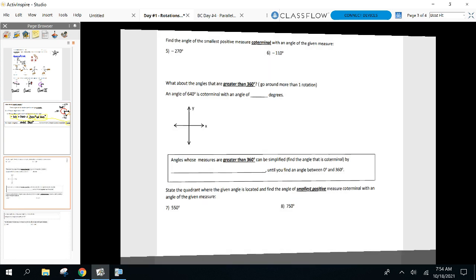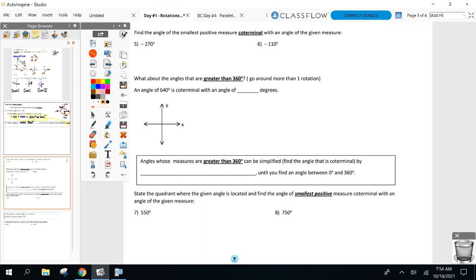You're going to have plenty of opportunity to do that in the Delta Math today. So find the smallest positive angle coterminal with the angle given. So I have negative 270. I don't need to graph it. Doesn't say to graph. But can you find an angle that's coterminal, basically shares the same terminal side as negative 270, but is positive?